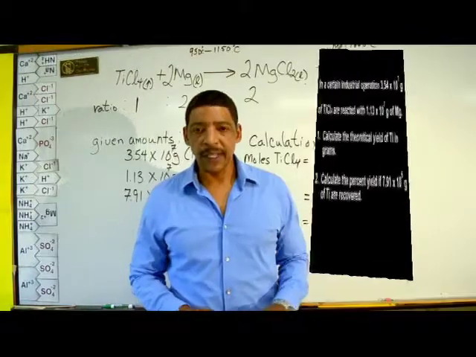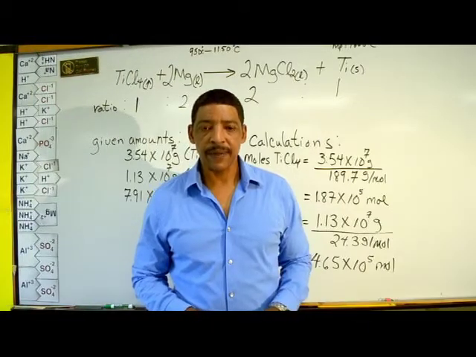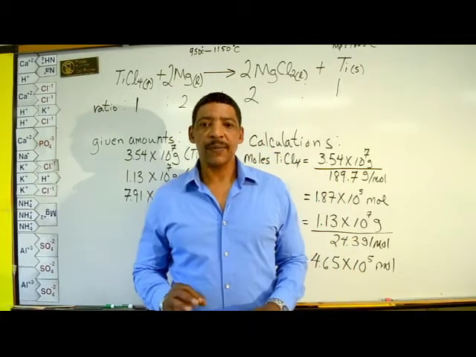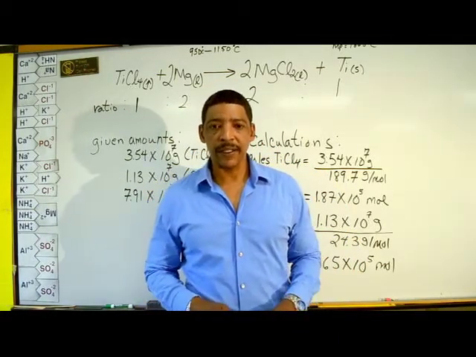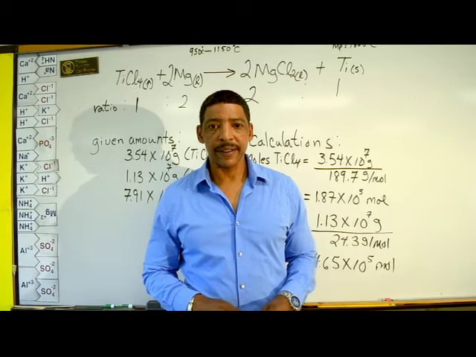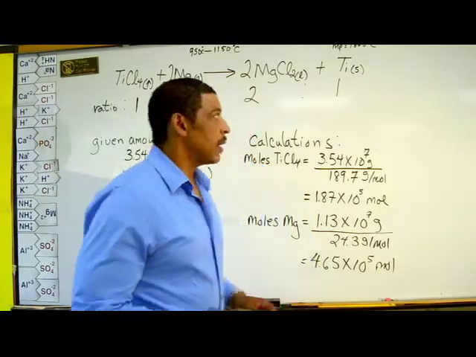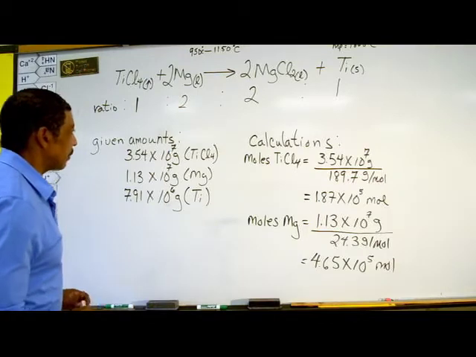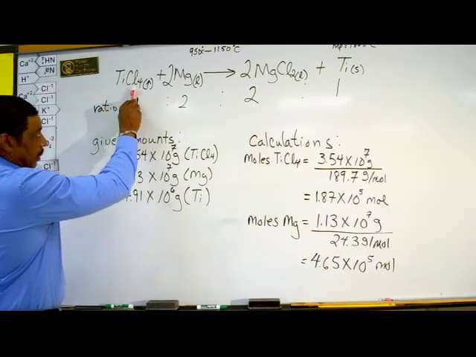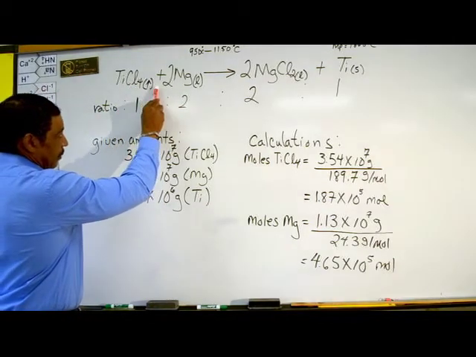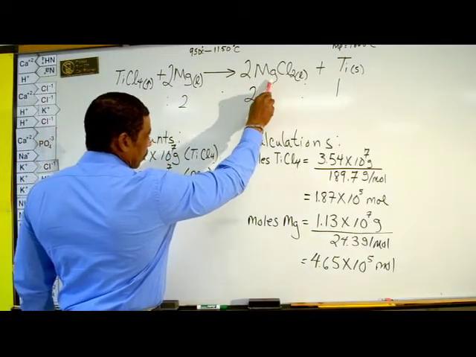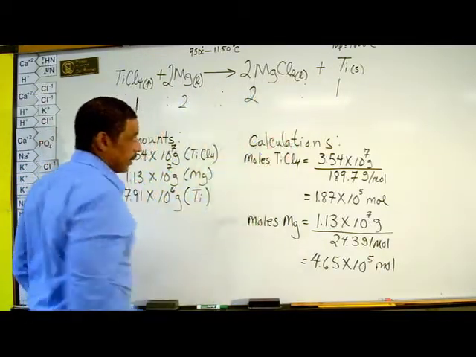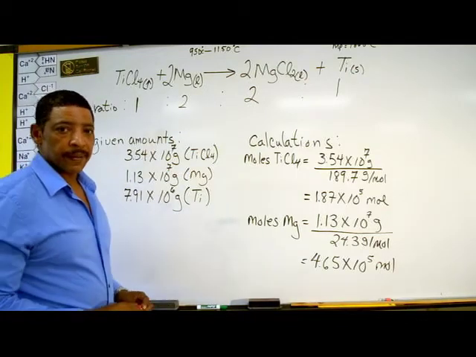This is clearly a limiting reagent practice problem. However, before determining the limiting reagent or performing any stoichiometric calculations, we must first write a balanced equation. The balanced equation for the process will be titanium 4 chloride plus magnesium yields magnesium chloride and titanium metal.